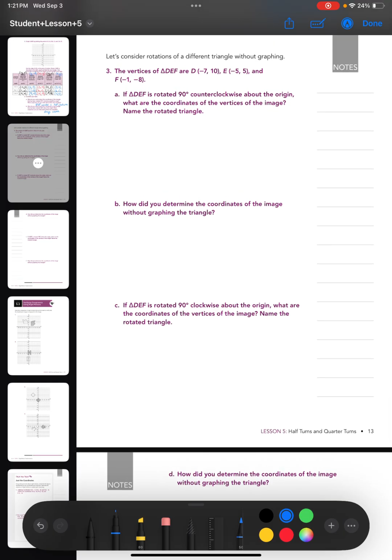All right, so again, same thing. Now we just don't have a figure, but we got our rules. So if we take this figure and rotate it 90 degrees counterclockwise, we're using our rule negative y, x. So our new D would become negative 10, negative 7. Our new E would become negative 5, negative 5.